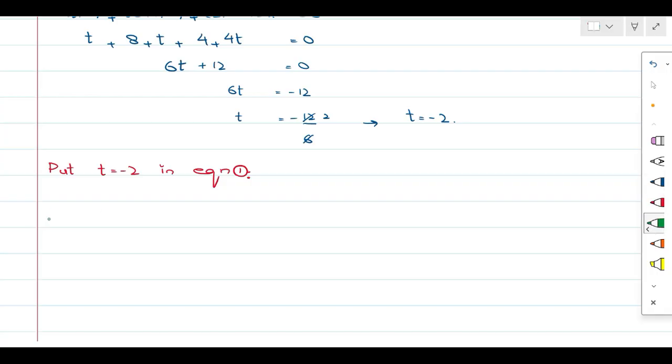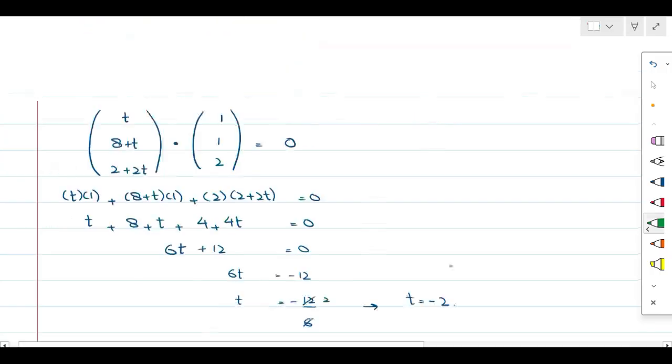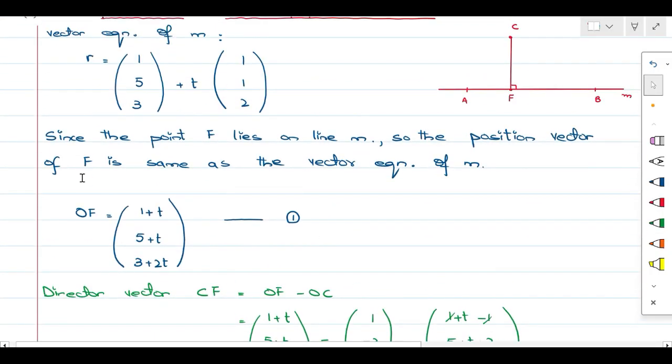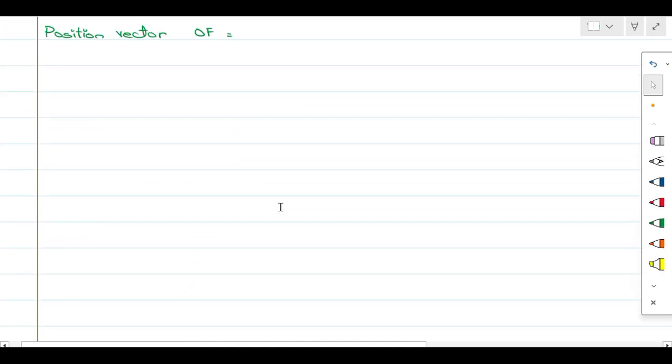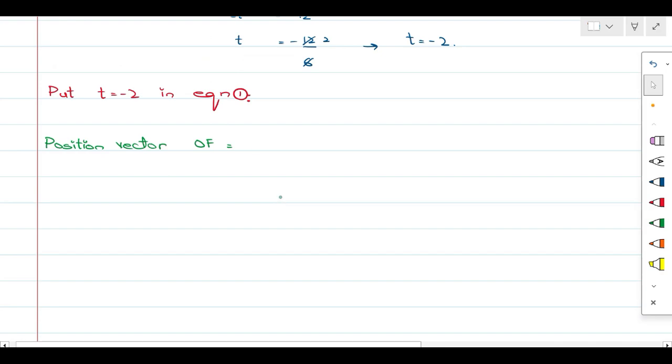Put t equals negative 2 in equation 1, and you will get the position vector of F. Position vector OF equals 1 plus t, 5 plus t, 3 plus 2t.